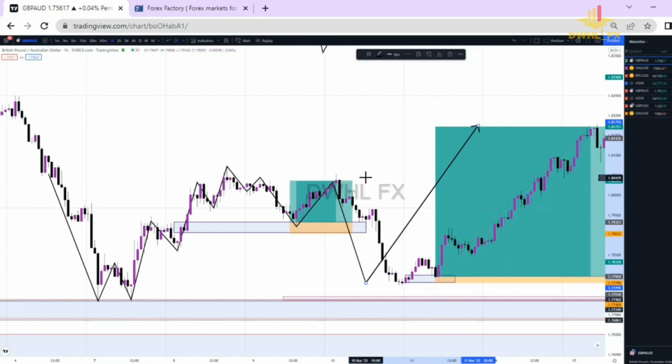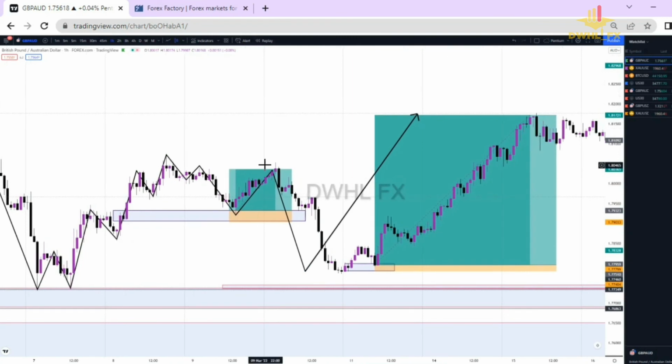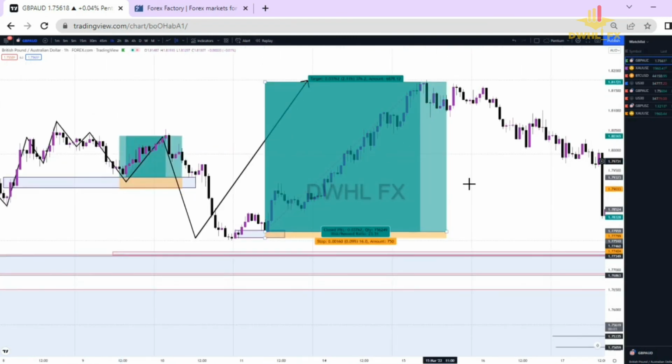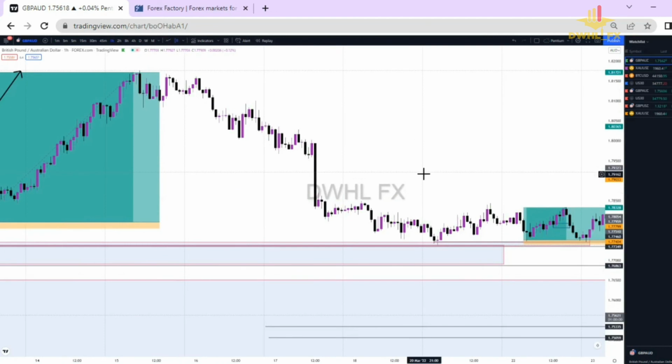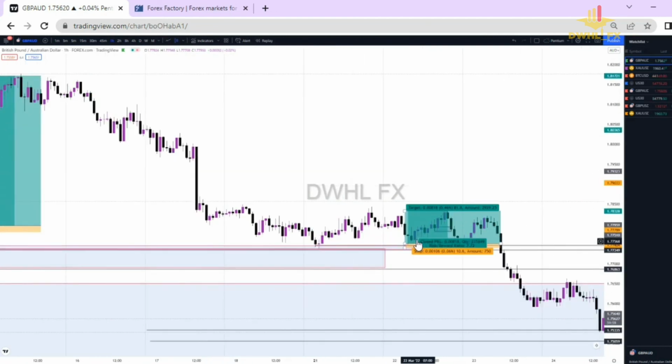Very basic. This was a very solid trade. We took some trade, I think this week or so. Yeah, very solid one. This is 1:7, 81 pips in blues.